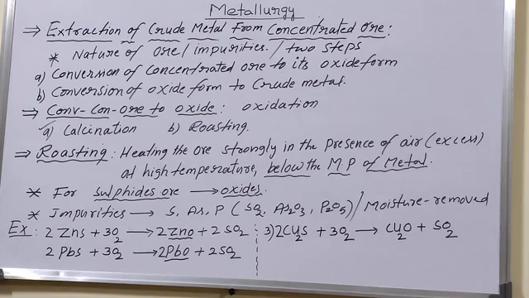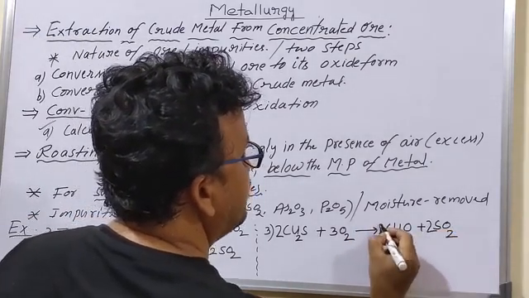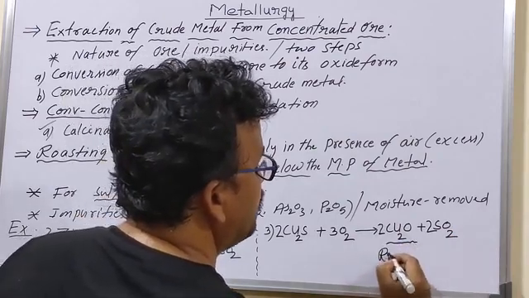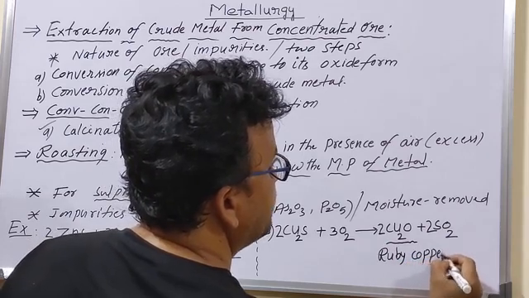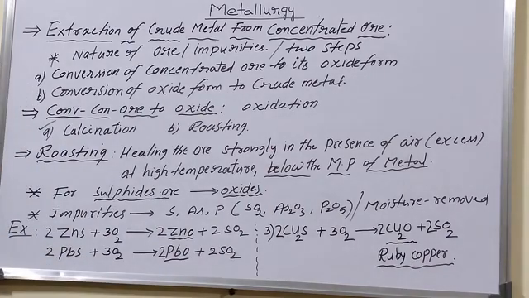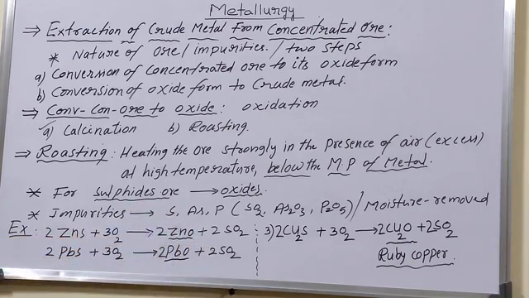You know very well, this is what we have called ruby copper. Remember this. Which copper ore is known as ruby copper, means Cu2O. Like this, in roasting, sulfide ores are converted into oxide ores.